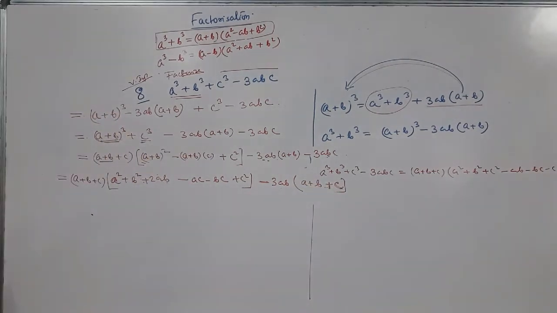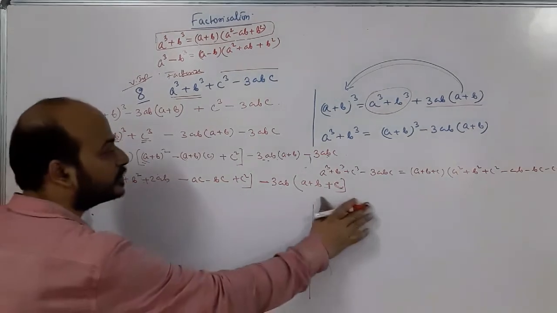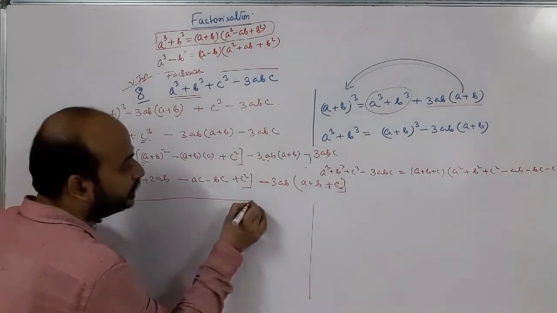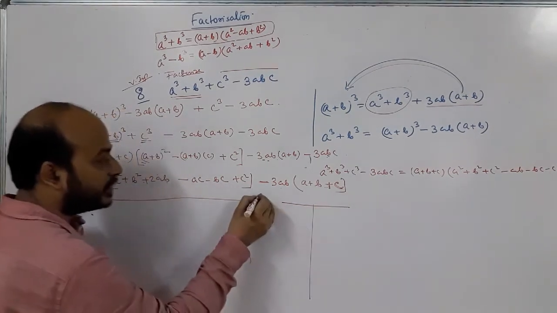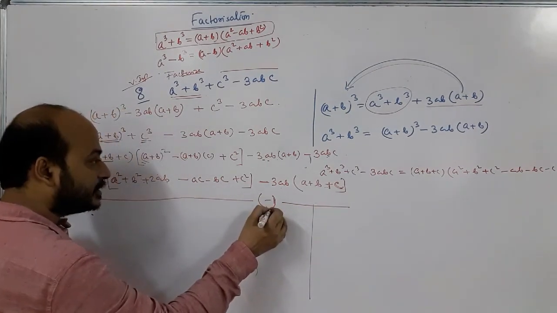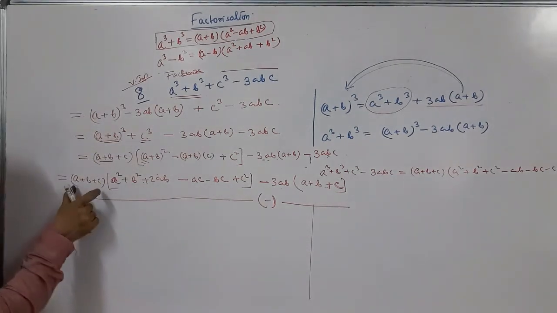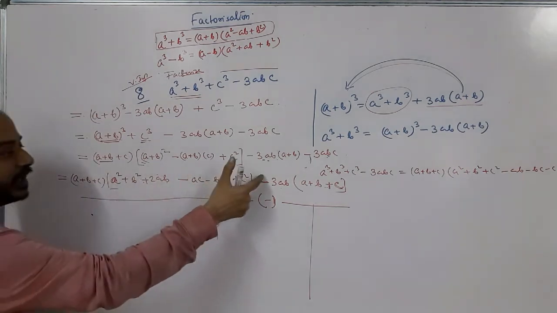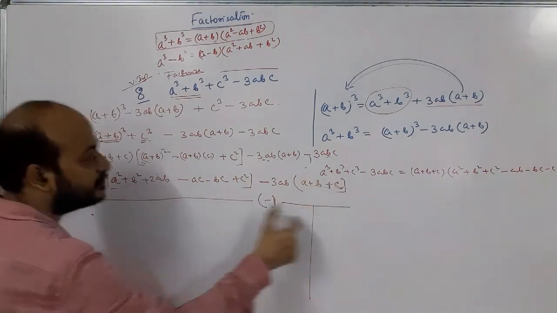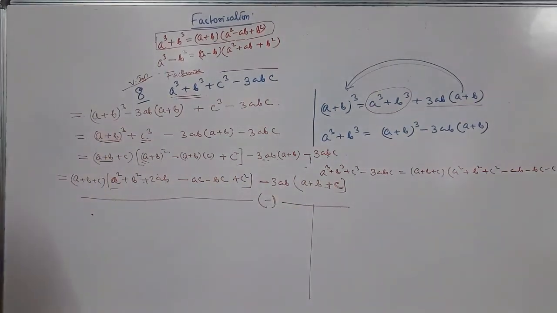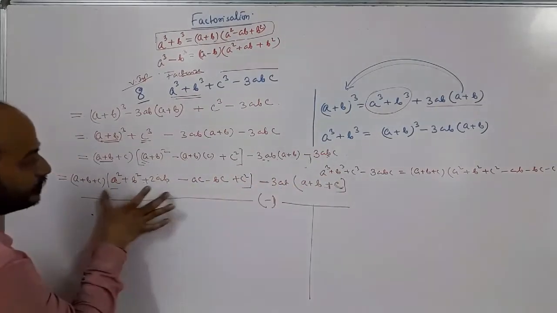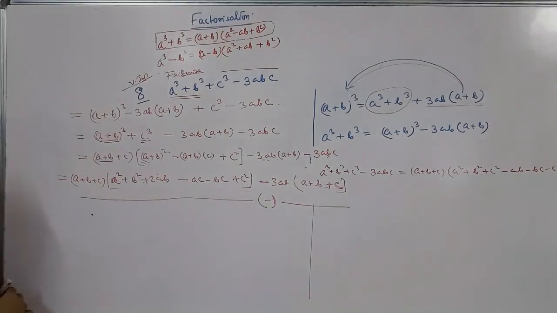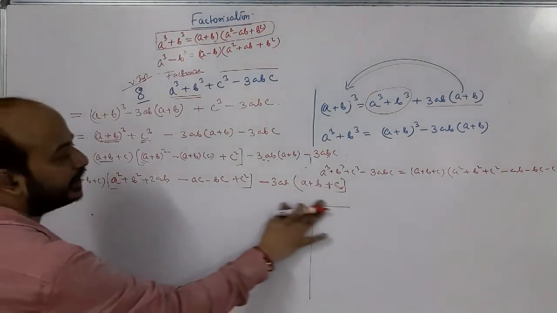Now you see the whole sum we can divide into two parts. One is this part, another is this part, and in the middle it is minus. Because this is this into this, so this becomes one part, and then minus, and then this part. Now look carefully, in these two parts what can we take common?